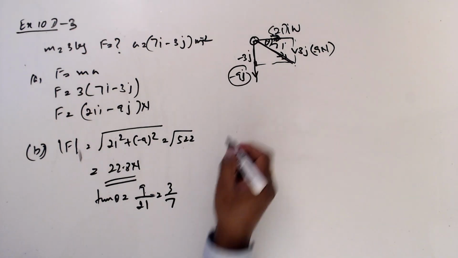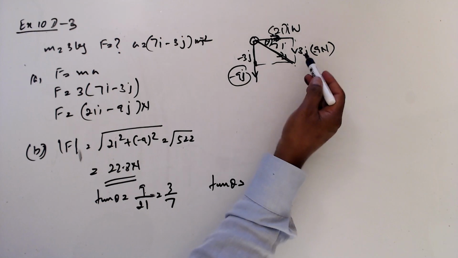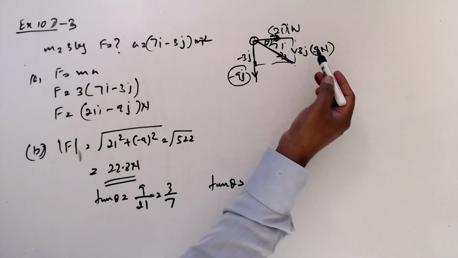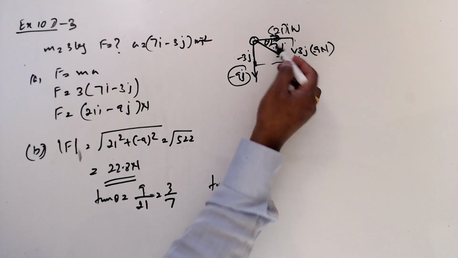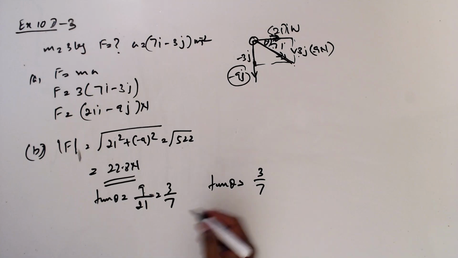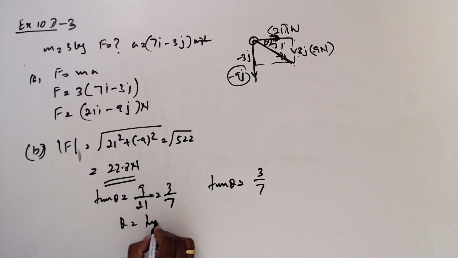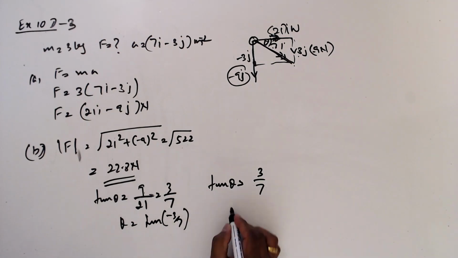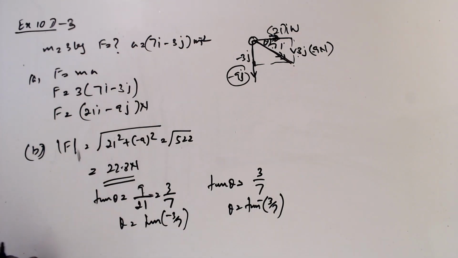You can write the same thing in terms of acceleration if you want. This is 3 and this is 7, so 3 over 7. Both have to be the same. So theta equals tan inverse 3 over 7.